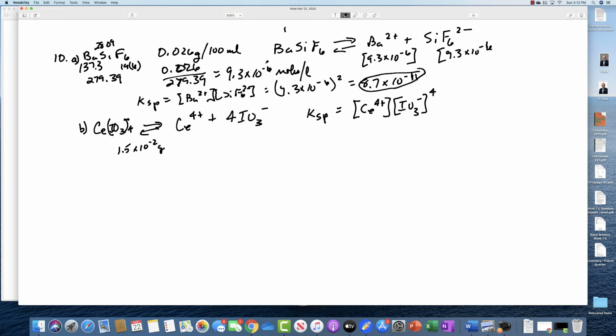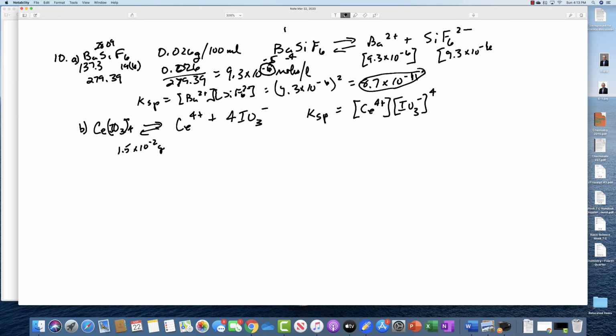I think I may have miscalculated this here. I think this should be minus 5, and that's moles per 100, so it would be 10 to the minus 4 moles per liter.